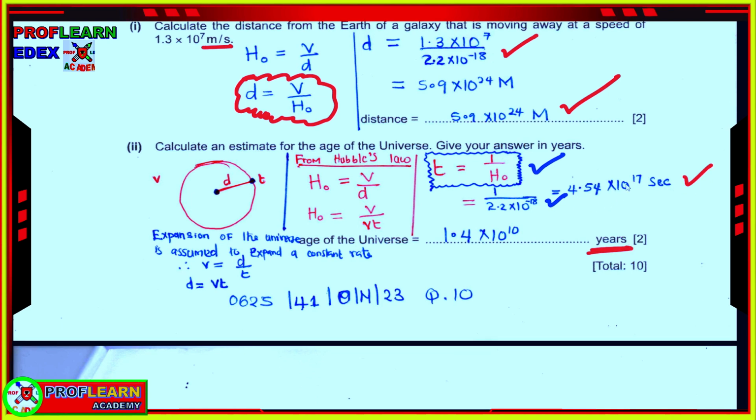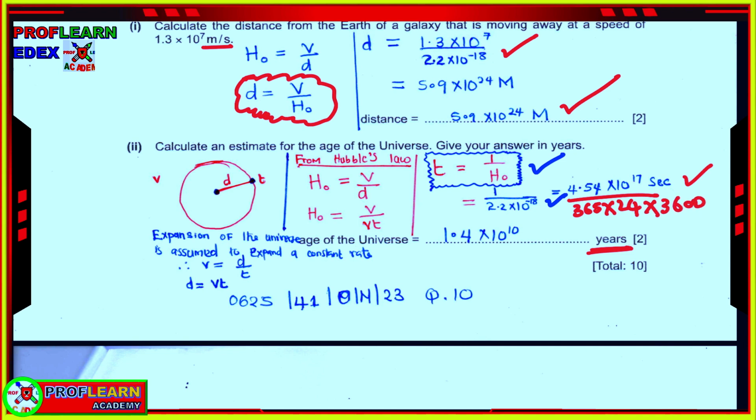You have to convert these seconds to years by dividing by what? Because in 1 year, how many seconds do we have? We have 365 days times 24, which is in 1 day we have 24 hours, then times 3600.